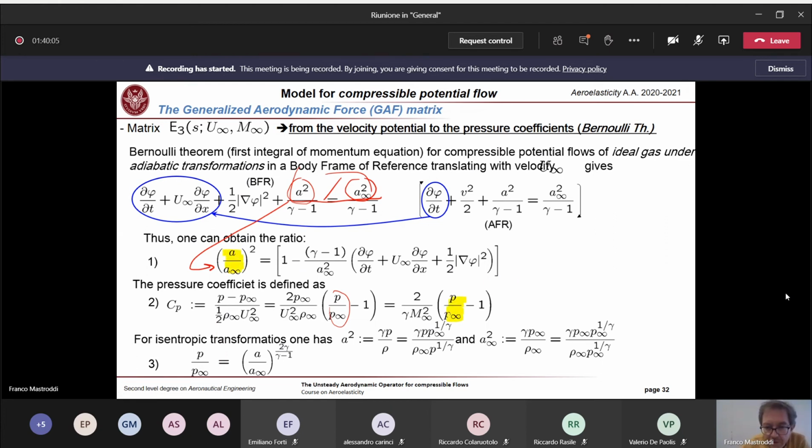This connection is very familiar for you if you consider isentropic transformation. Take the ratio between this and this, and you have this relationship, which is the connection between this and this.